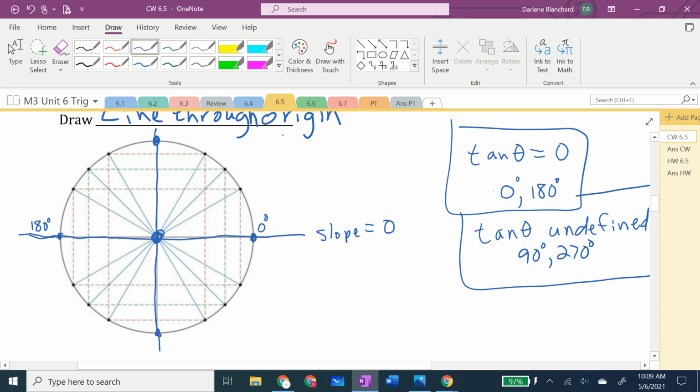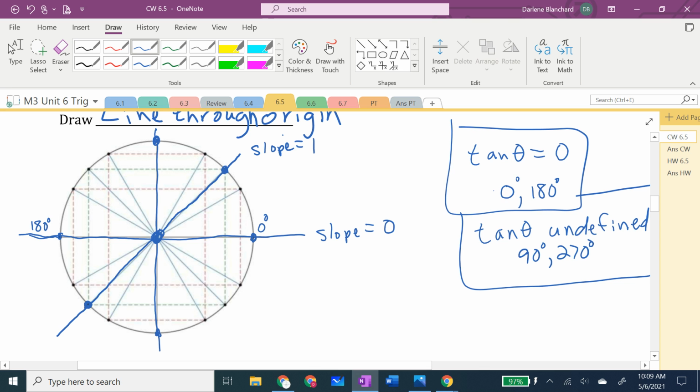Now, if I draw a line with a slope of 1, that means the tangent of these two angles is just flat out 1.